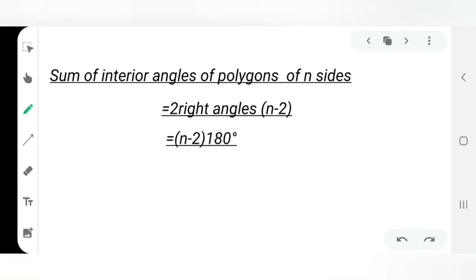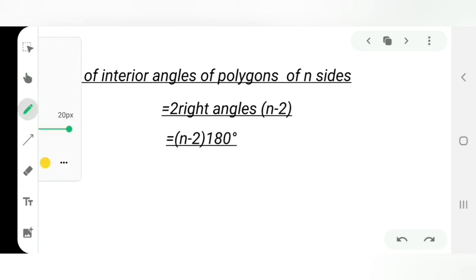Clear, class? Now after that, if a question comes in the exam, how can we find the sum of all the interior angles of a polygon if we know just the sides of that polygon? So here is a formula to find the sum of the interior angles of a polygon having n sides. It is 2 right angles into n minus 2, or you can say n minus 2 into 180 degree.